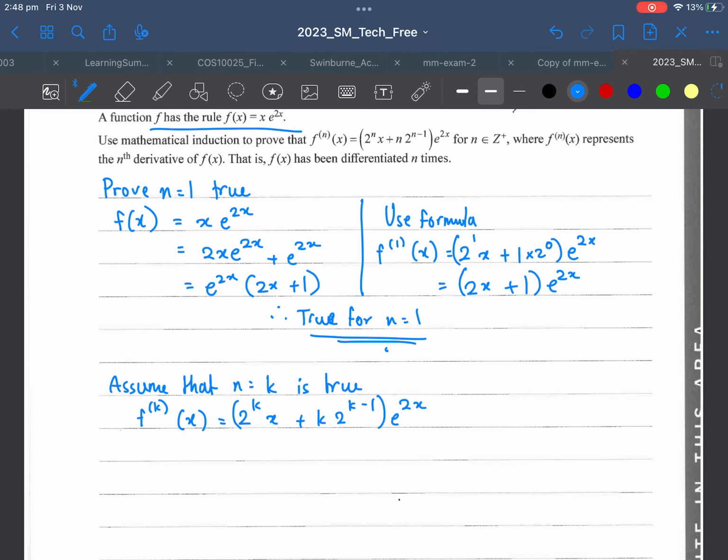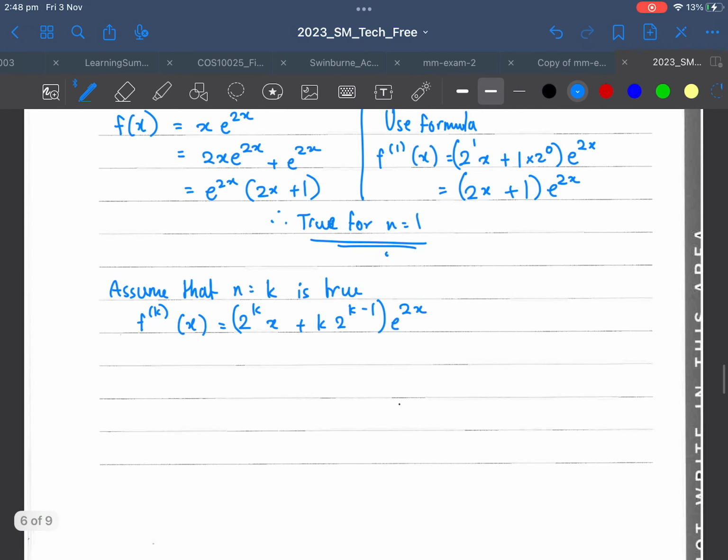Right, so assume that it is going to be true, and now we have to prove that n equals k plus 1 is also going to be true. So we have to prove that, and that will be the end of our induction basically.